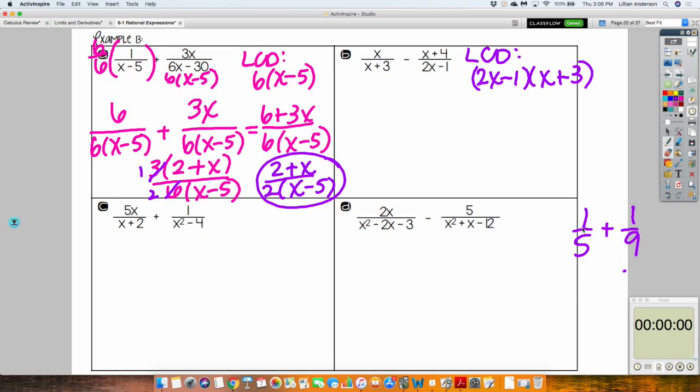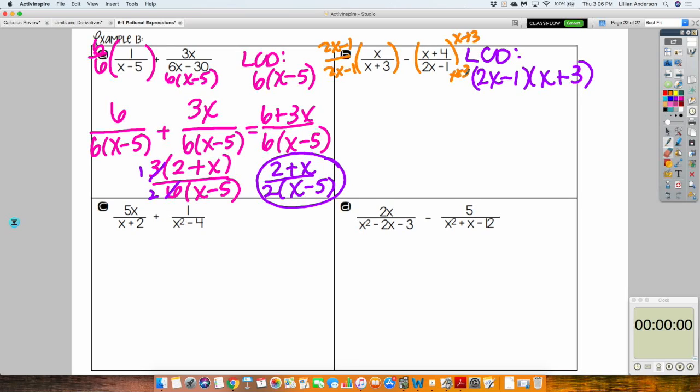Okay. So this will happen. You might have to multiply by several terms. What am I going to have to multiply this fraction by? 2x minus 1. What am I going to have to multiply the second fraction by? X plus 3 on the top and the bottom. You are going to have to do what with the second fraction? Say again? FOIL.